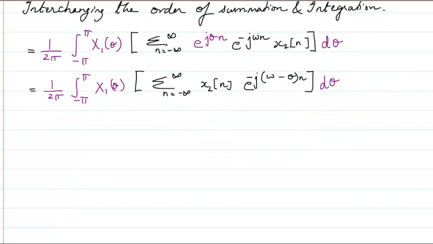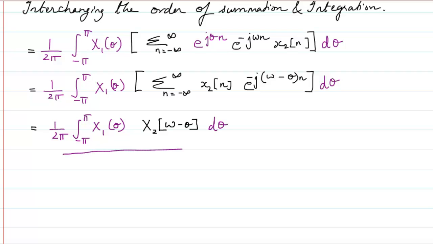So again I will write the equation as this is equal to 1 by 2 pi integral minus pi to plus pi x1 of theta, and whatever is inside the bracket is the Fourier transform of x2 of n, which is x2 of omega minus theta, and then the remaining d theta. Now what is this?